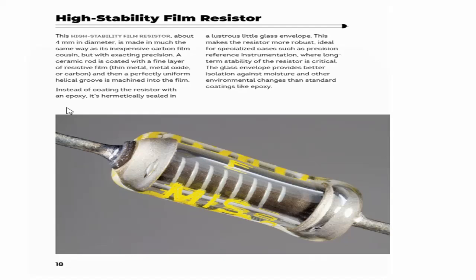This makes the resistor more robust, ideal for specialized cases such as precision reference instrumentation, where long term stability of the resistor is critical. The glass envelope provides better isolation against moisture and other environmental changes than standard coating like epoxy.